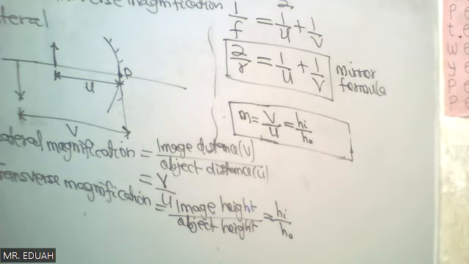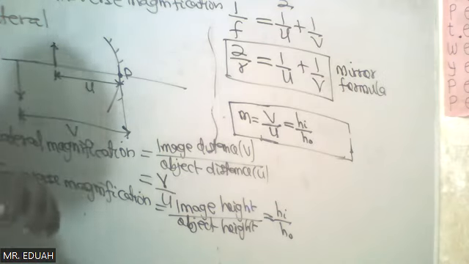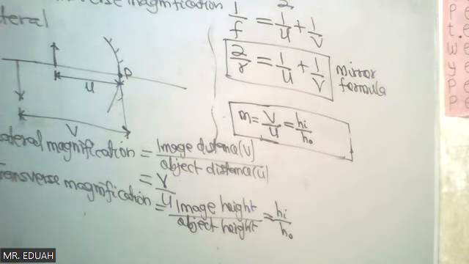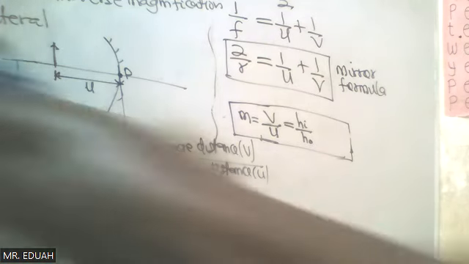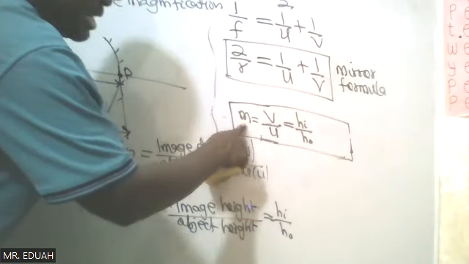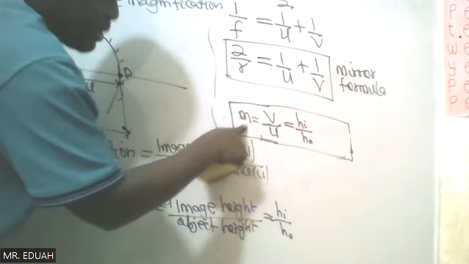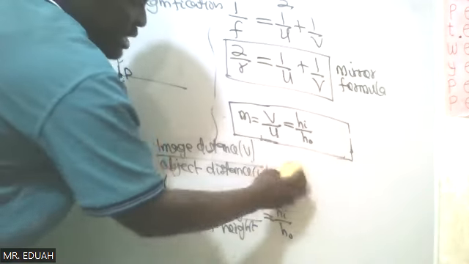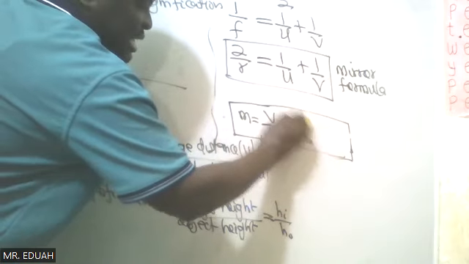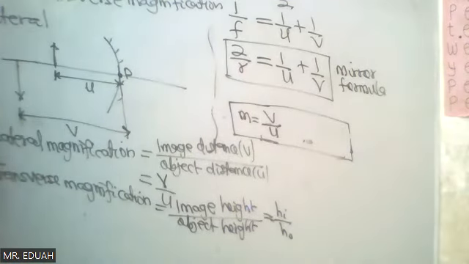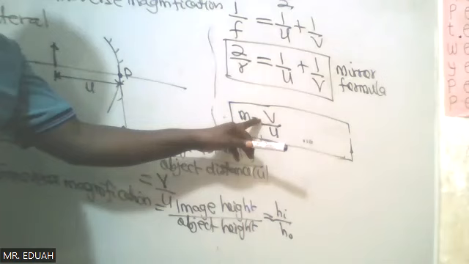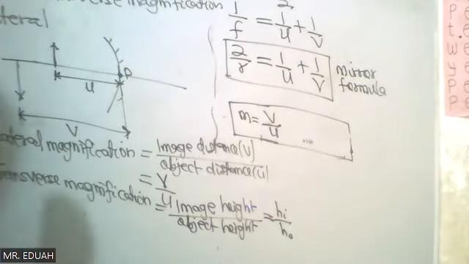So the mirror formula can also be modified. M is either this or this. If we are only interested in V on U, then we can modify this and put it in.